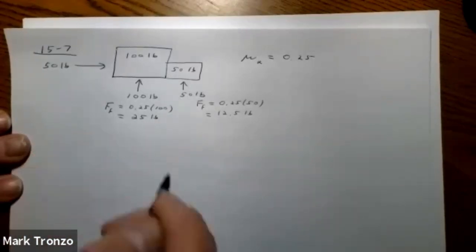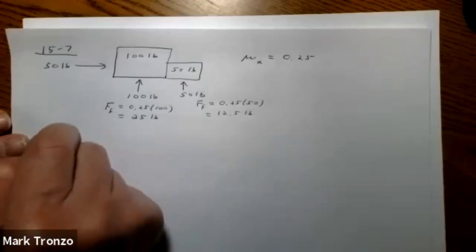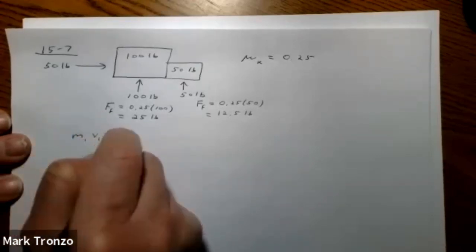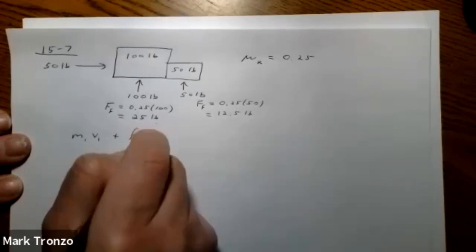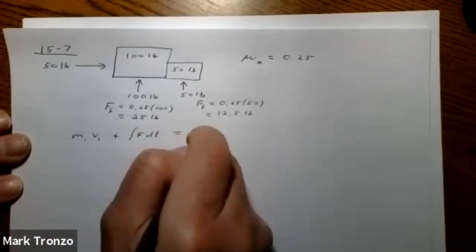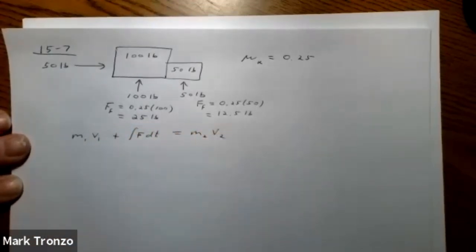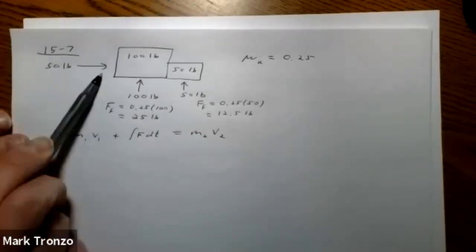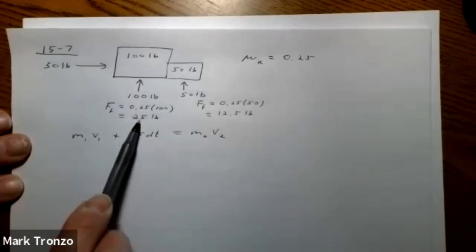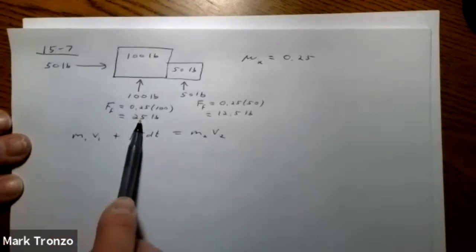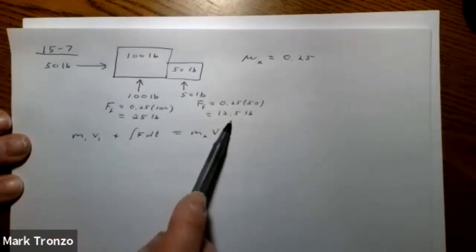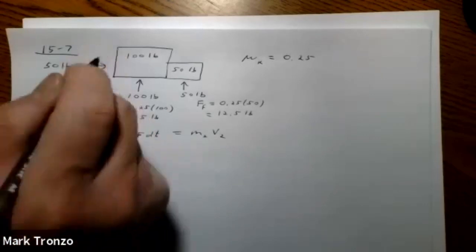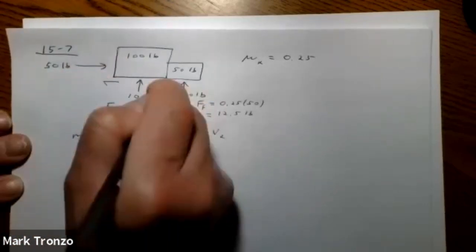So again, keep in mind that we're going to use M1 V1 plus the integral F dt equals M2 V2. But in this case, everything is a constant force. We have a constant 50-pound force pushing, 25 pounds resisting, 12.5 resisting. Again, those are our friction forces in the opposite direction.